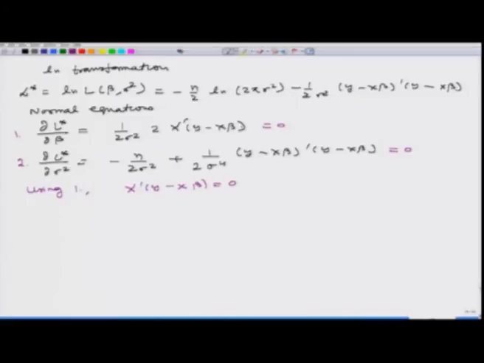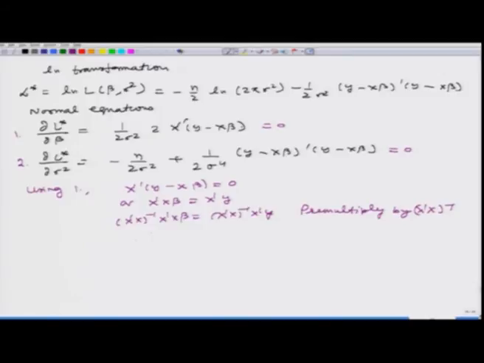This can be written as x transpose x beta is equal to x transpose y, and when I pre-multiply by (x transpose x) whole inverse, we obtain (x transpose x) inverse x transpose x beta is equal to (x transpose x) inverse x transpose y. So, we obtain beta is equal to (x transpose x) inverse x transpose y, and this we denote as beta tilde.